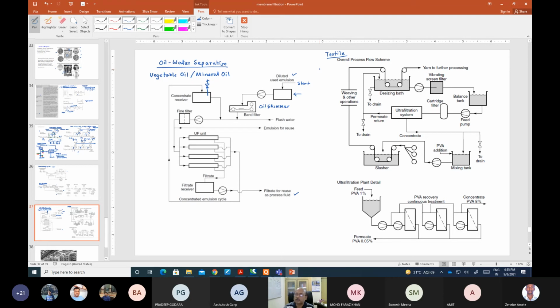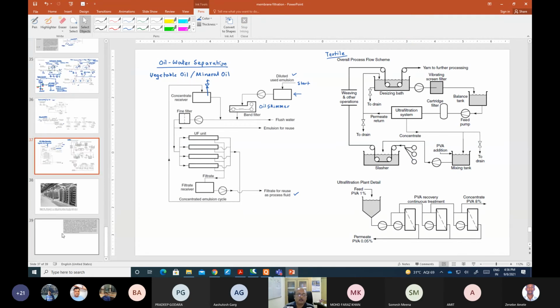Now you go through this by yourself, and you will understand it. Now you understand how to read these diagrams, and you can be very well conversant with this. So I'll leave it for you to look at this schematic and understand how this process works. Here, we have to recover the PVA, or polyvinyl alcohol, from the water. That is the motto right here that we want to do.